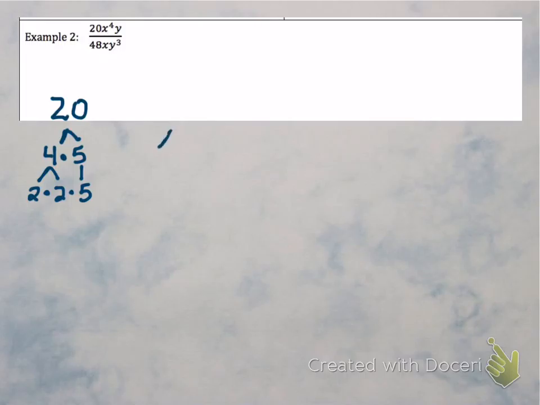So my numerator of 20x to the 4th y is really just another way of saying 2 times 2 times 5, and then I have 4 factors of x, that is the x to the 4th, and a factor of y. And so that is my numerator.